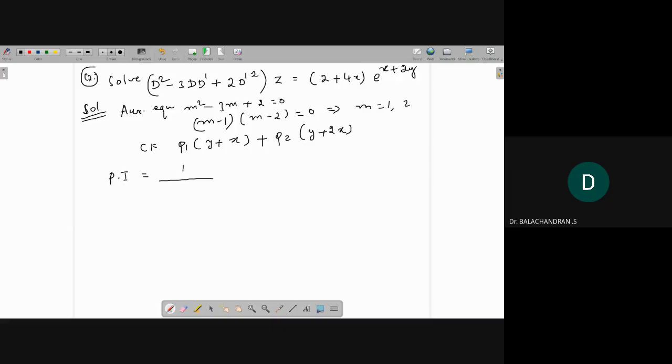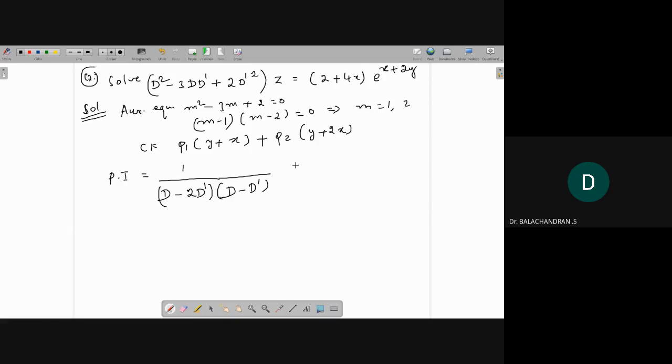Okay, now to find the PI, you need to work it out a little bit. So 1 by this, I'm factorizing like this, d minus 2 d dash and d minus d dash. From this I have d minus 2 d dash, from this I have d minus d dash.